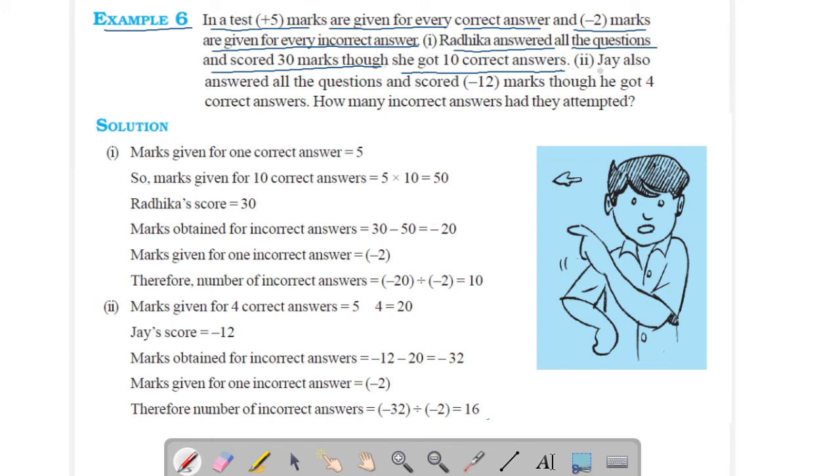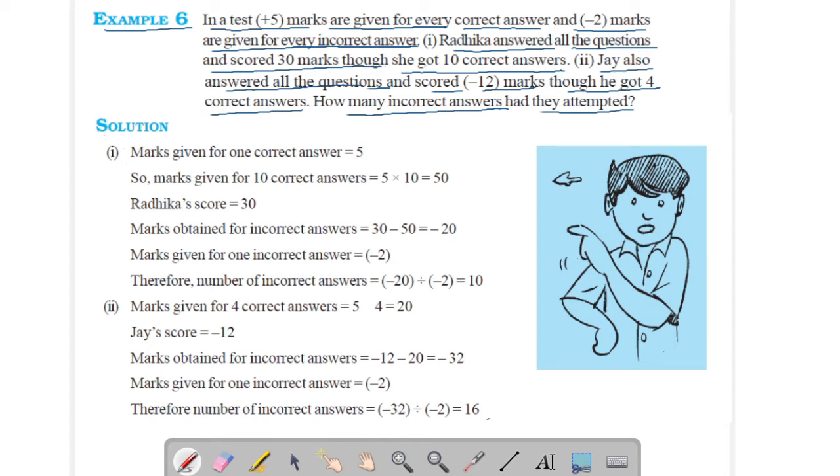Second, Jay also answered all the questions and secured minus 12 marks, though he got 4 correct answers. How many incorrect answers had they attempted?